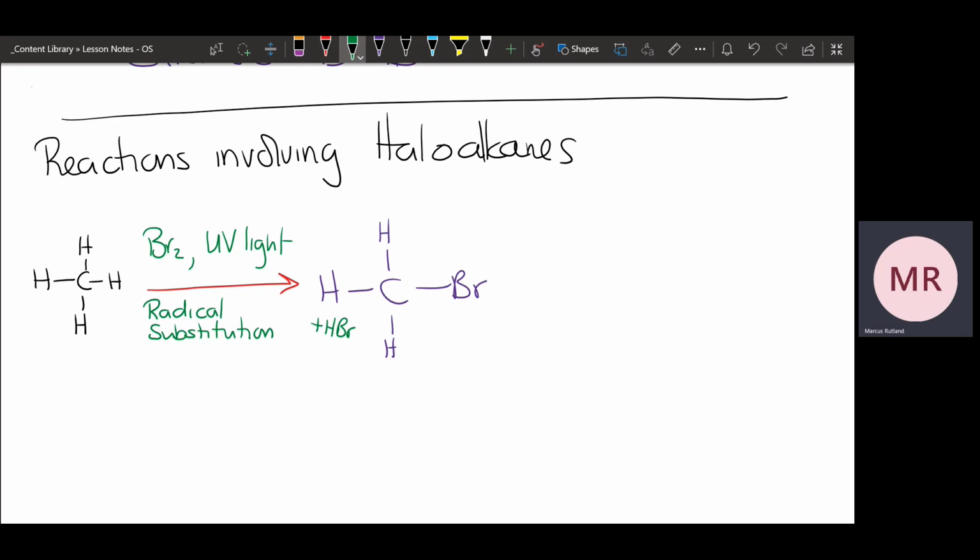And then you just need to know 3 things that you can do to haloalkanes, though actually 2 of them are effectively the same. So this effectively does 2 things, though one of them has 2 ways of doing it. That's a better way of putting it. So one of them is that you can turn the haloalkane into an alcohol.